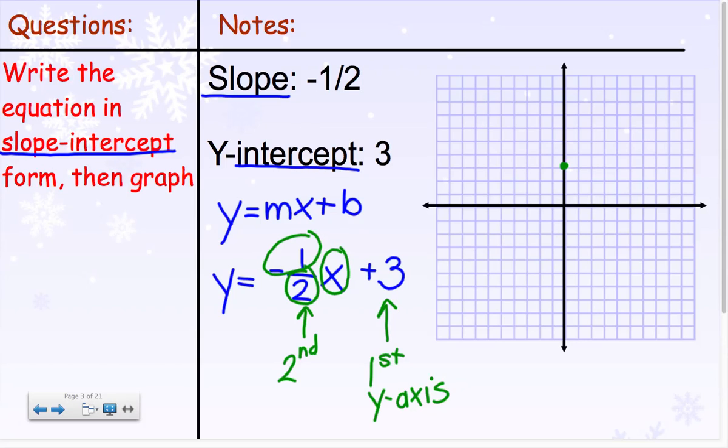So -1, +2. So I'm going to rise -1, which means go down 1, rise +2, which means going to the right 2. Down 1, right 2. Down 1, right 2. So we went down 1, and then to the right 2 each time. And I can connect my dots with a line.